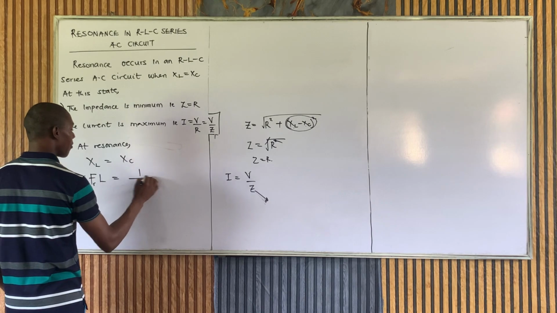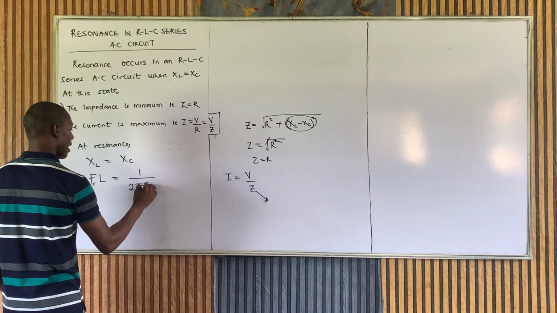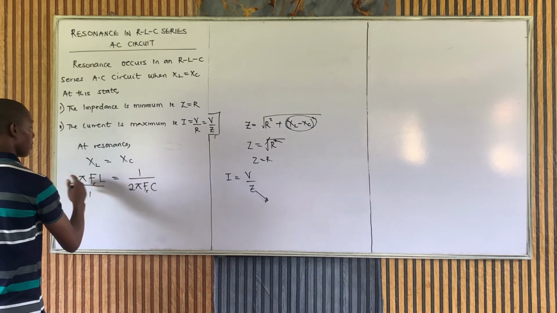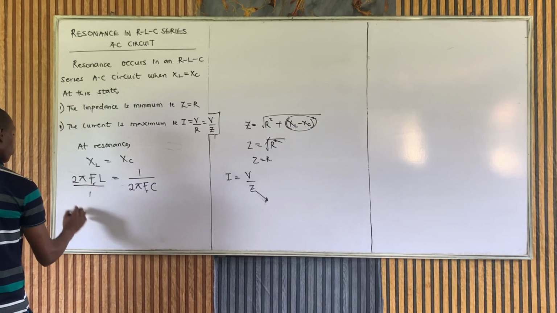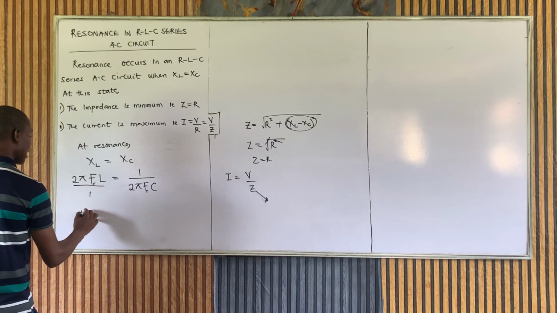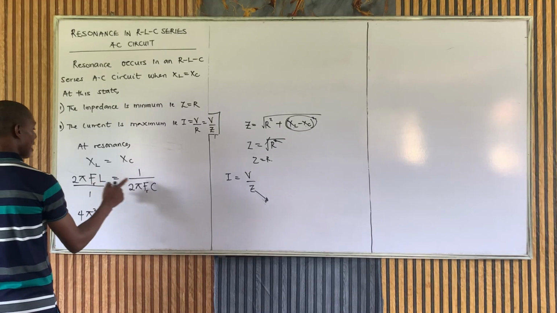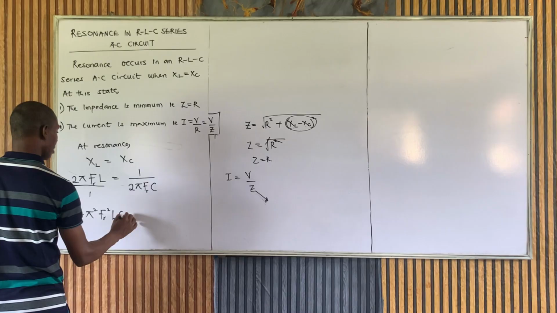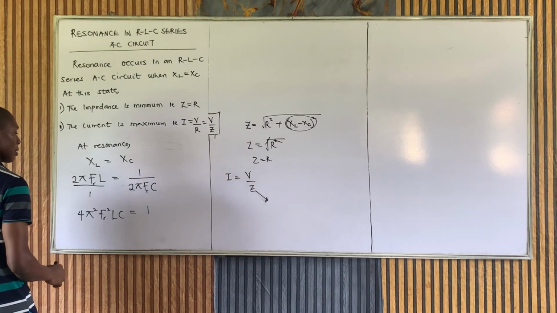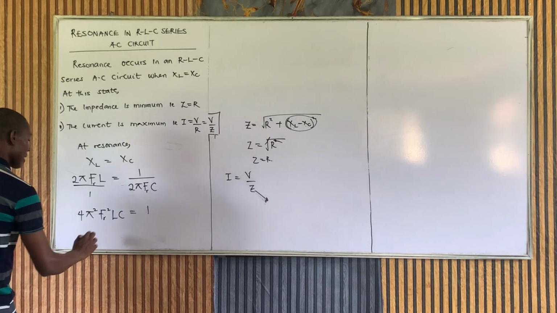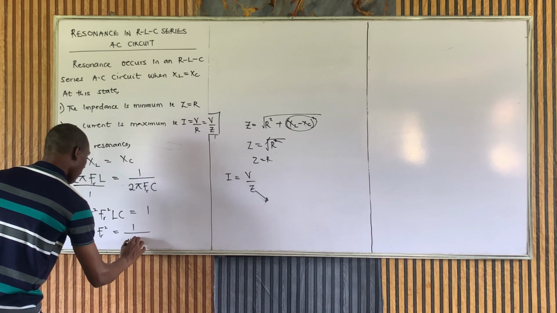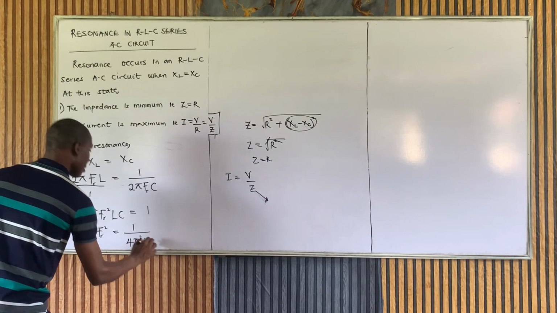And that is equal to 1 over 2 pi FR C. If we cross multiply this now, we are going to have 2 times 2, that's 4. Pi times pi, that is pi squared. FR times FR gives us FR squared. And L times C will give us LC. And that is equal to 1. So we now have it that the resonance frequency squared is equal to 1 over 4 pi squared LC.